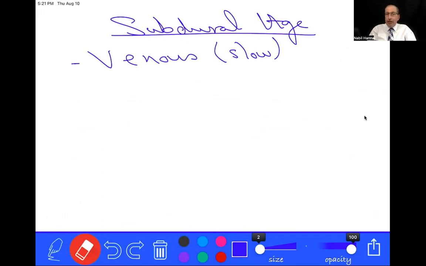The typical patient with subdural hemorrhage is an elderly person who will be brought to your office or to the ER by his grandsons or by his children, and they will say, we don't know what's wrong with our grandfather.